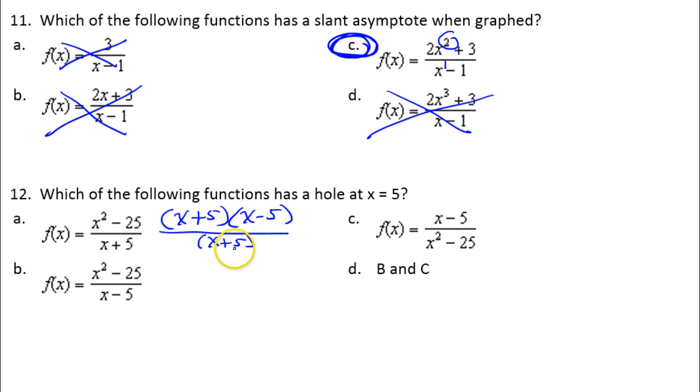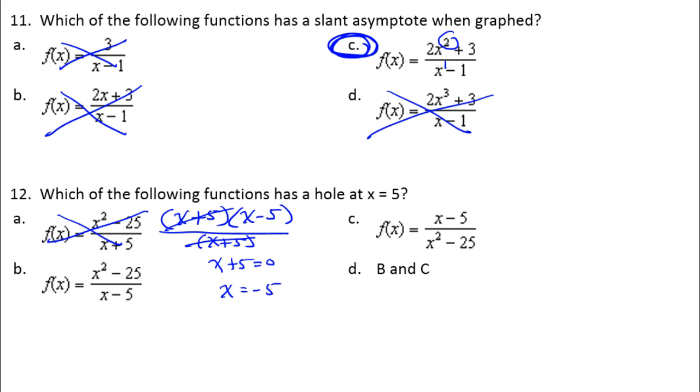So the thing that cancels out is x plus 5. So that's where the hole is going to be. But to get the hole, you have to set this equal to 0. If I set x plus 5 equal to 0, that's going to give me x equals negative 5, not positive 5. So the answer is not A.